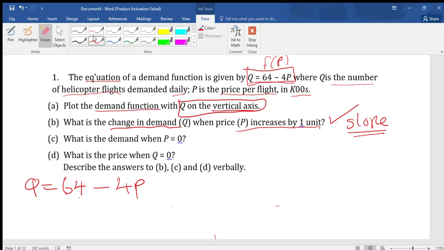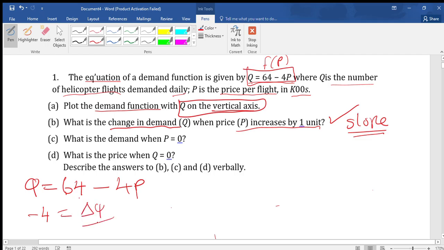since it's a slope, negative 4 will just be equal to change in Q over the change in P. Change means the change which has existed for a certain change in price. So here we are simply saying if price increases by 1 unit, what is going to happen to the changes in the Q?